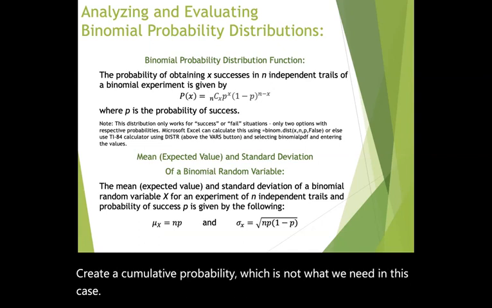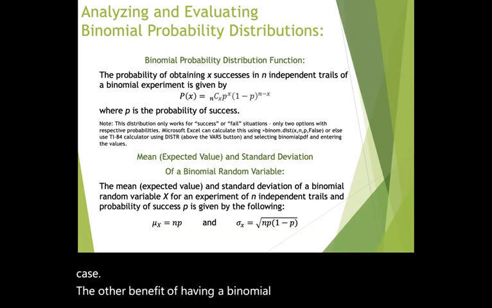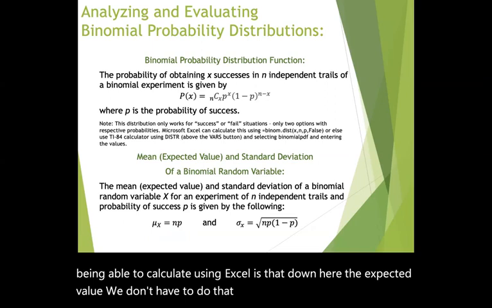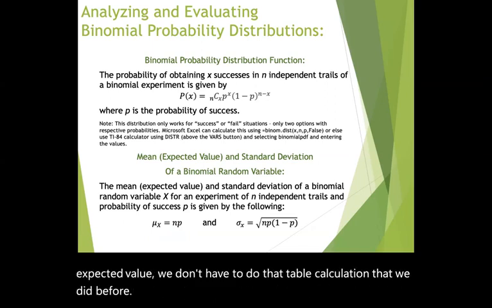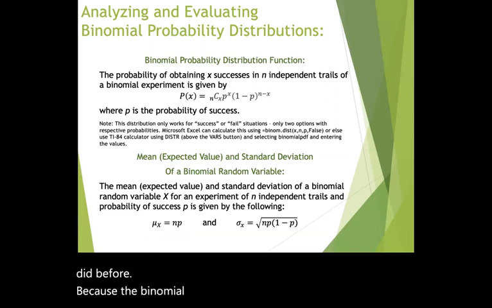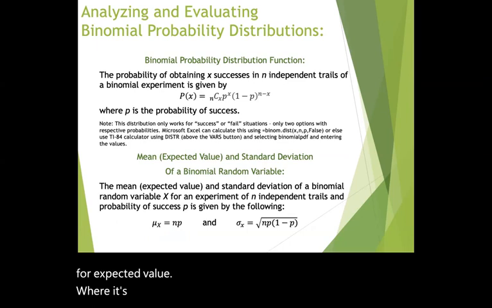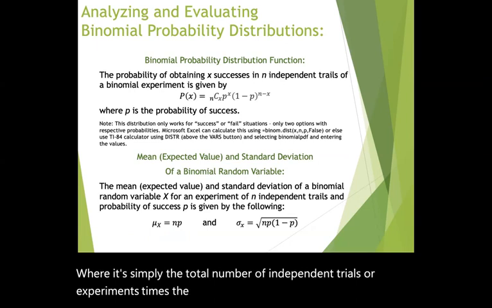The other benefit of having a binomial distribution, aside from being able to calculate it using Excel, is that down here, for the expected value, we don't have to do that table calculation that we did before, because the binomial distribution has this very special relationship for expected value, where it's simply the total number of independent trials or experiments times the probability of success.